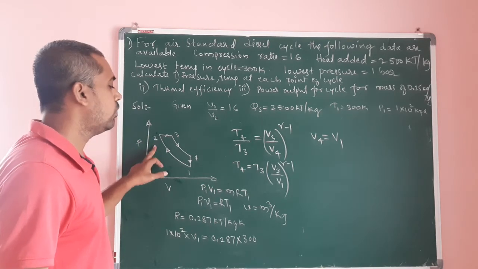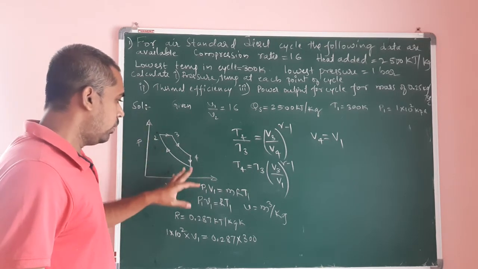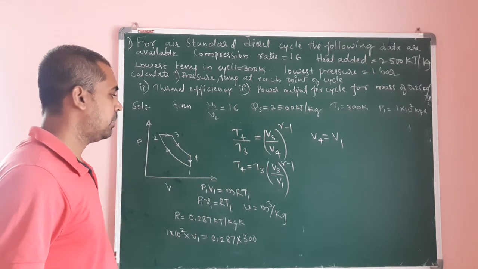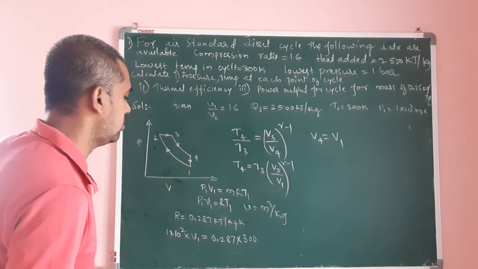We can write p2 v2 is equal to R T2. We can also write p3 v3 is equal to R T3, and p4 v4 is equal to R T4 also, like that.